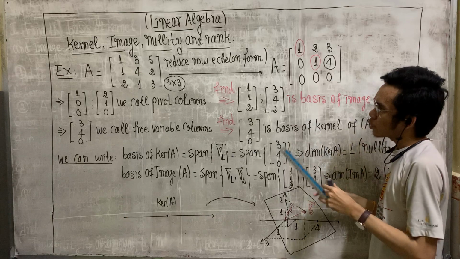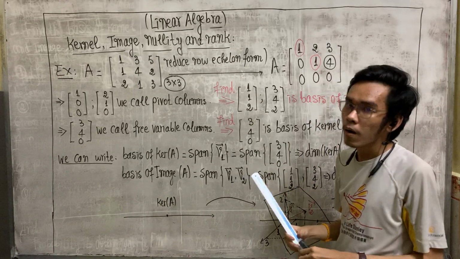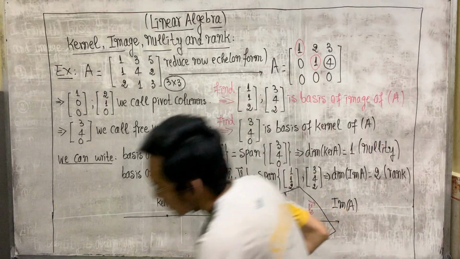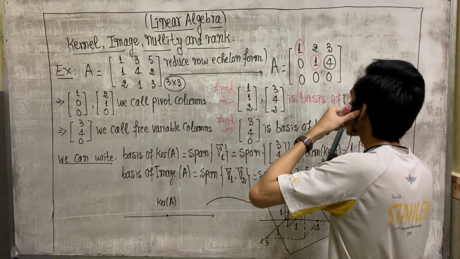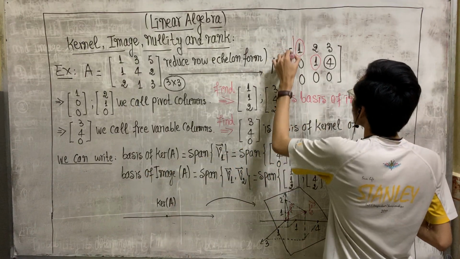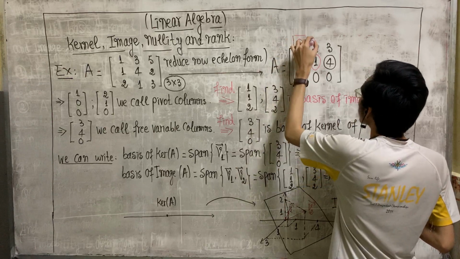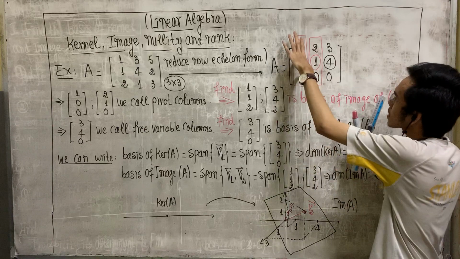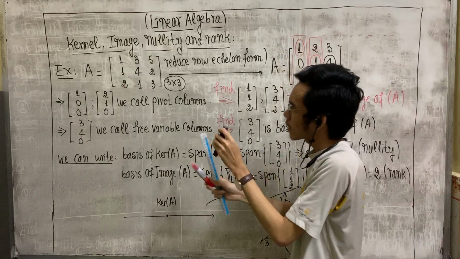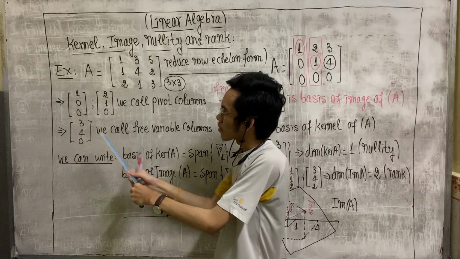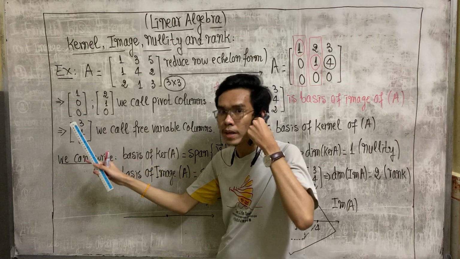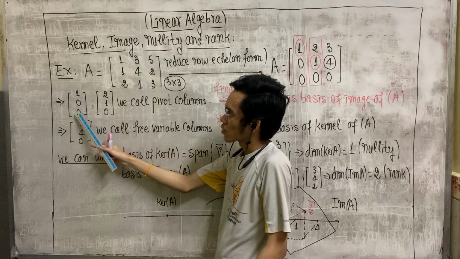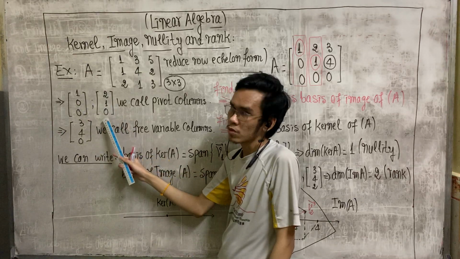Then you have to find the pivot columns and the free variable column. The first column and the second column are the vectors 1 0 0 and 2 1 0.